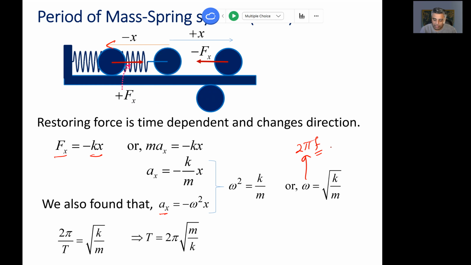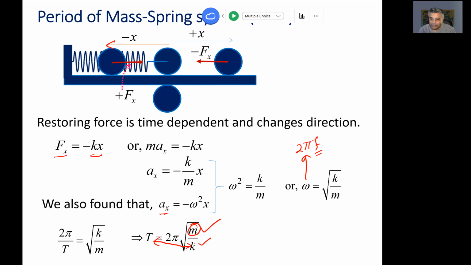So that's the period of oscillation of a mass attached to a spring. And it says the period depends on two things. One is the mass of the object attached. Another one is the spring constant. So if you go back to that simulation page, attach different masses for the same spring constant and look at how fast it is going, versus keeping the mass constant and seeing how the K changes the period.